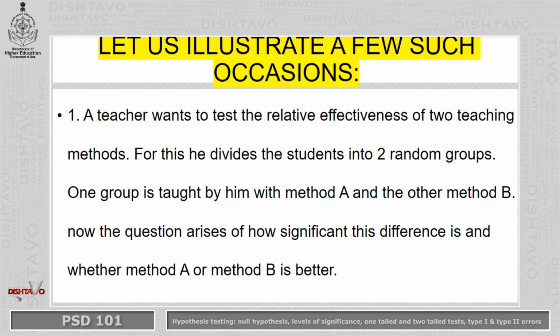One group is taught with method A and the second group is taught with method B. Now this teacher is not only interested in the significance of difference of means, but wants to know which one is better, whether method A is better or whether method B is better, and whether there was a significant difference in the methods utilized.